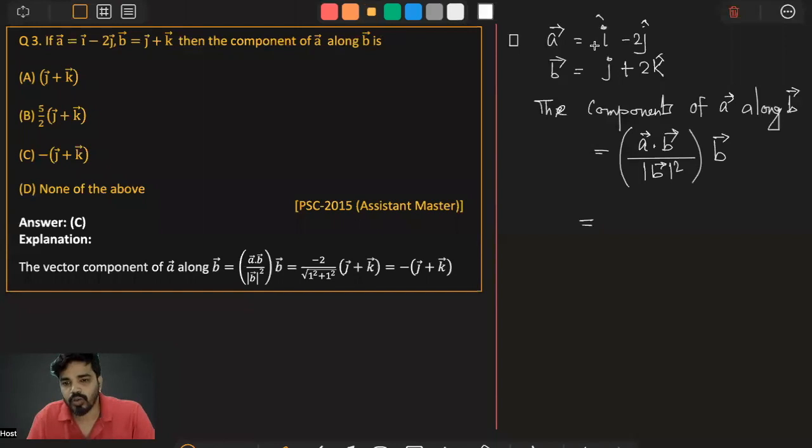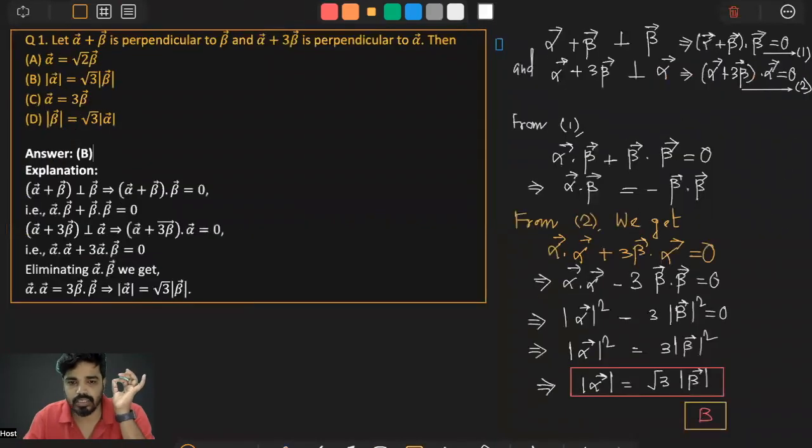There is no i in B, that means imagine 0 dot i. So 1 into 0 is 0, plus minus 2 into 1, that is minus 2. Plus, just apply this concept.